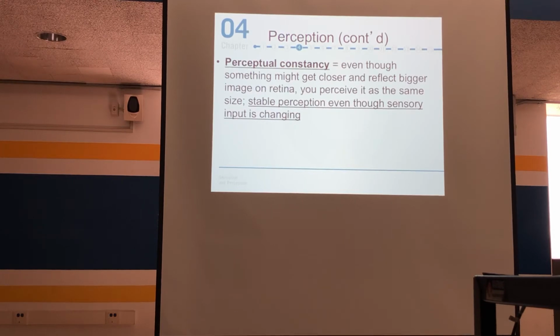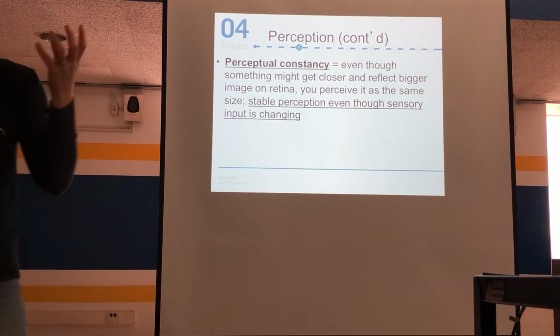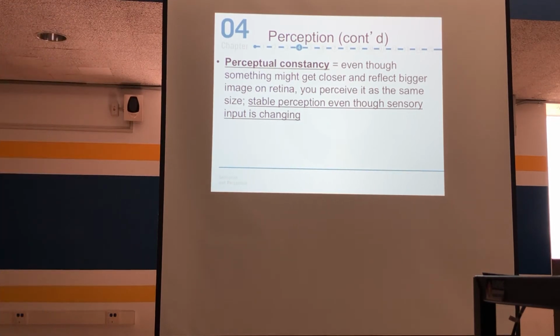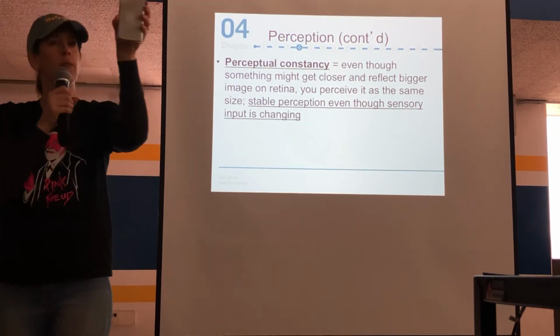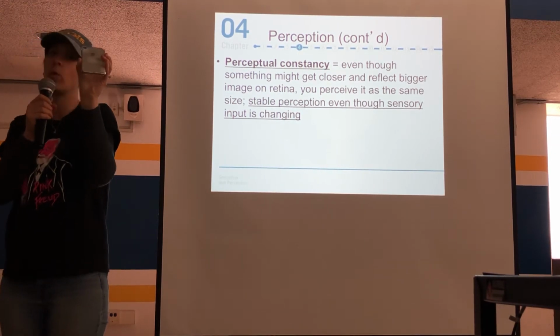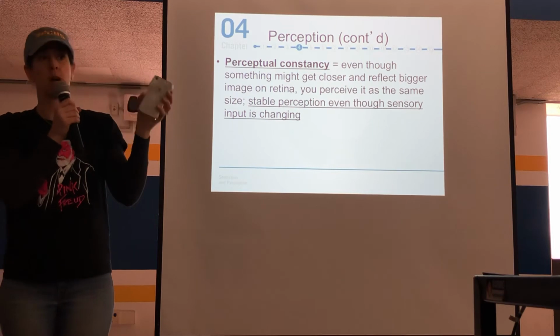Perceptual constancy, even though something might look like it's changing, we know it's still the same, right? Remember this thing? So it's a rectangle, right? But if I go like this, it projects a trapezoid on your retina, but you know it's still a rectangle. That's shape constancy.